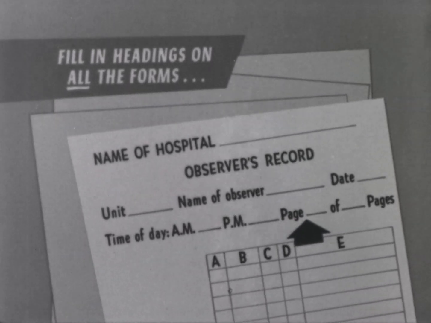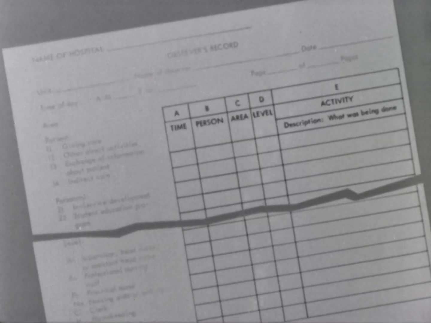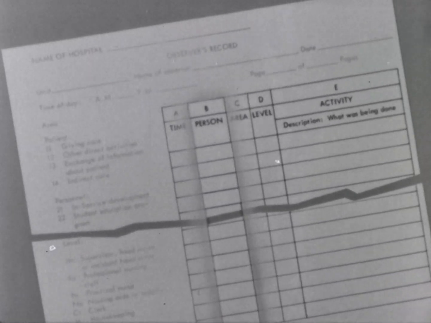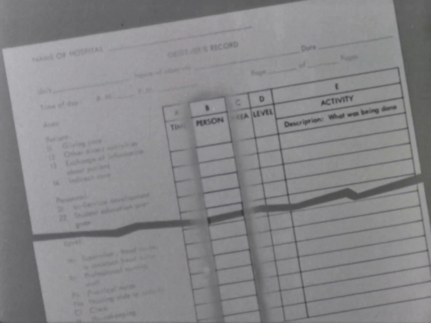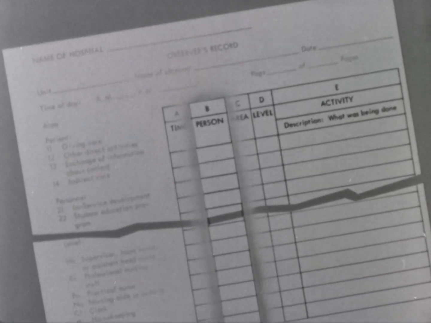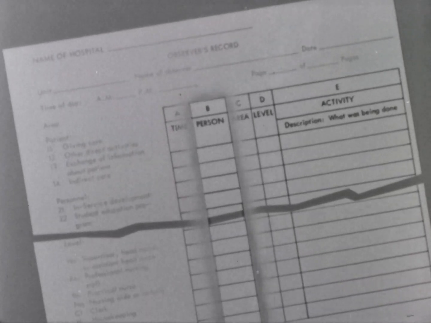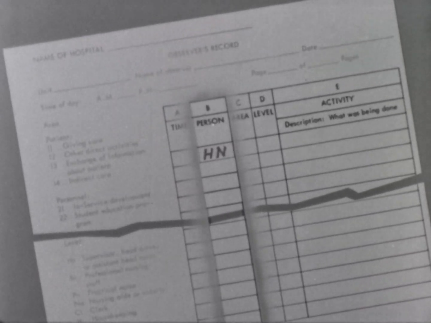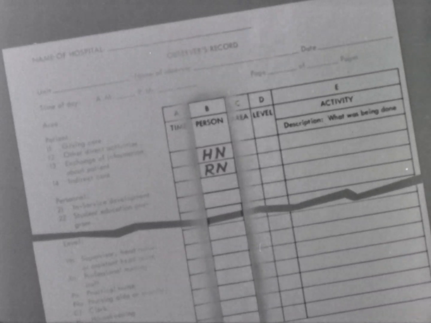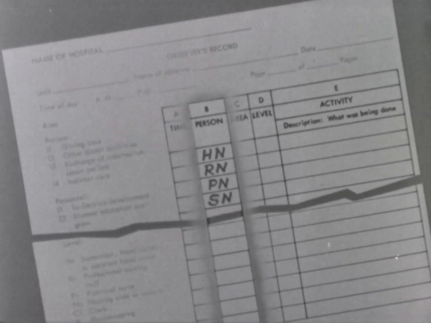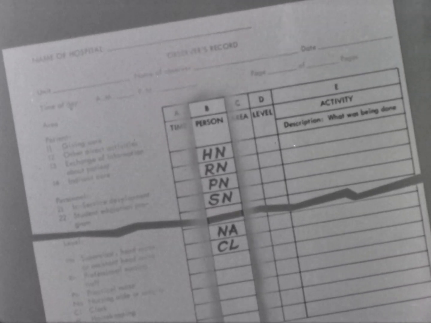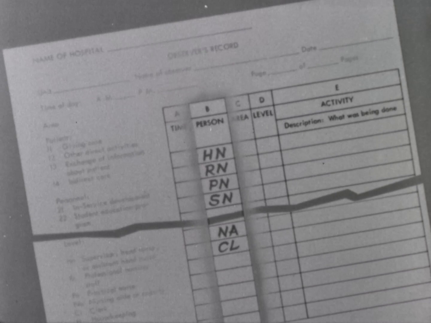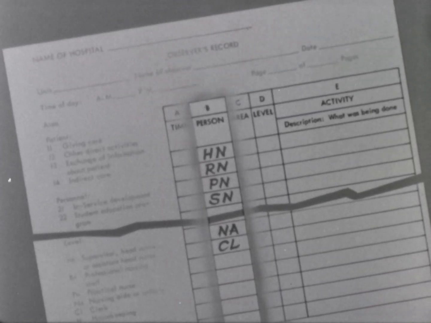Number the page. Now list in column B on each form the code titles of the personnel to be observed on this unit. The symbols HN, RN, PN, SN, and so forth are what we call the code titles for each category of nursing personnel.